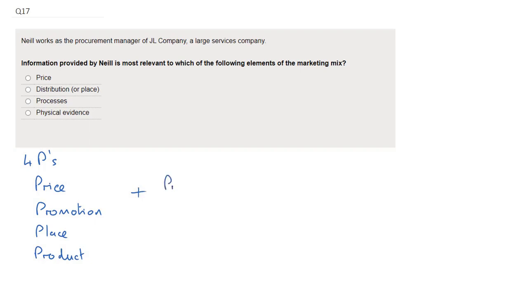They are processes, people, and physical evidence. So looking back at the question, we've got Neil, who works as a procurement manager. It's a large services company, and we need to work out which information provided by Neil is most relevant to which of the following elements of the marketing mix.